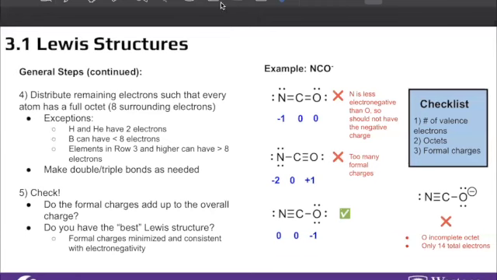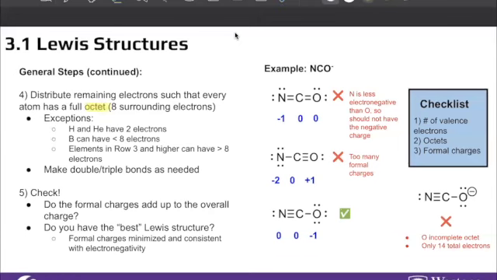So then our next task would be to take those 12 remaining electrons and distribute them around the atoms in the compound. But we don't want to just do that randomly. Our goal when we're distributing the electrons is to make sure that every atom has what we call a full octet.